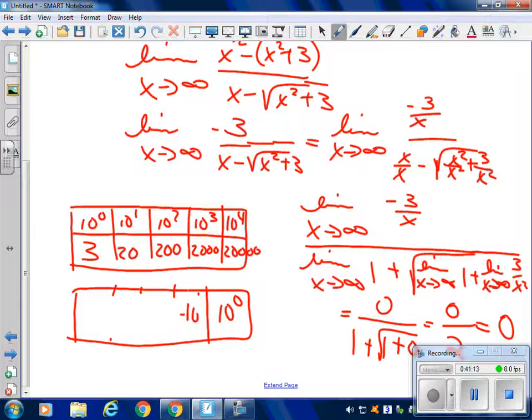Negative 10 to the 1, negative 10 to the 2, negative 10 to the 3, negative 10 to the 4 is what I meant to say. The negative 10's in front of the power problem. On the 0 too? No, the 10 to the 0 power wouldn't matter, because it's 1 or negative 1 won't make any difference, but we can throw it in there.